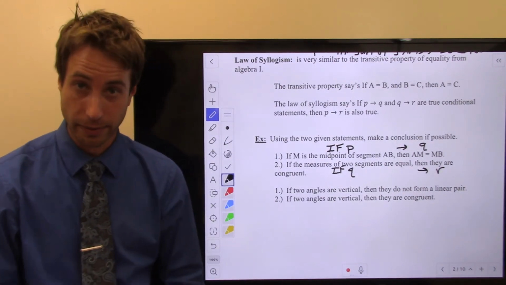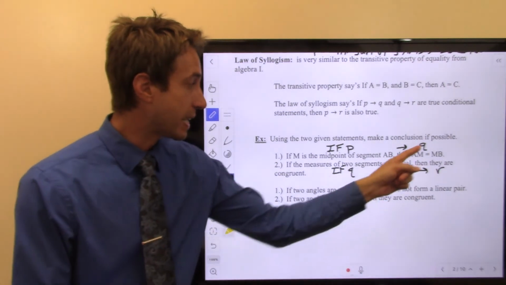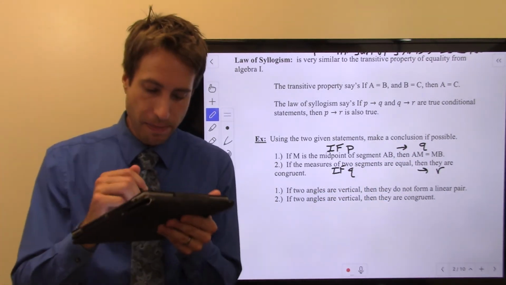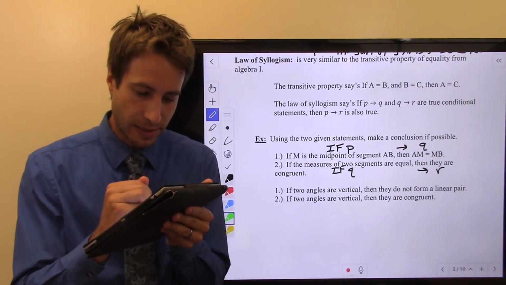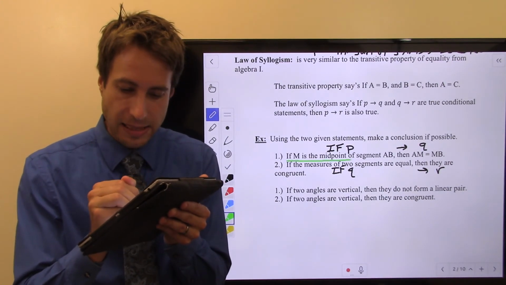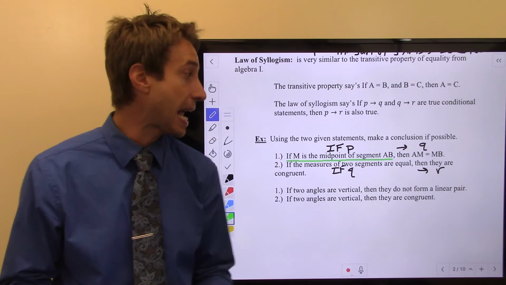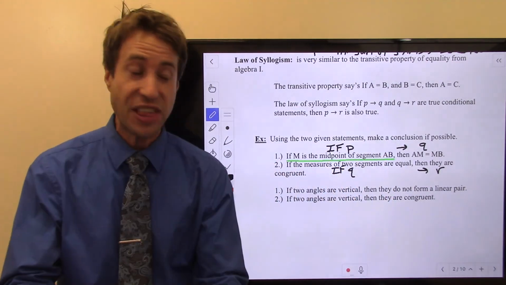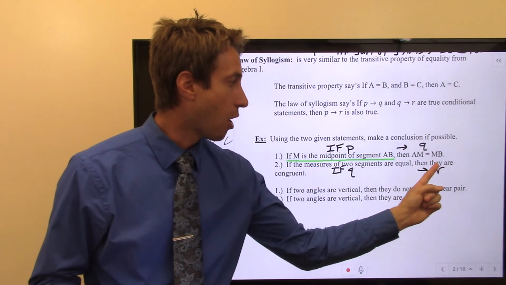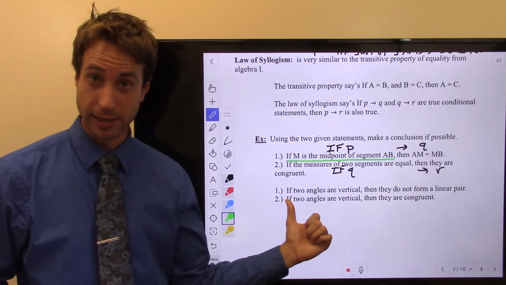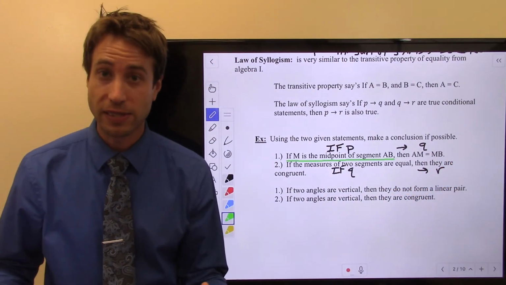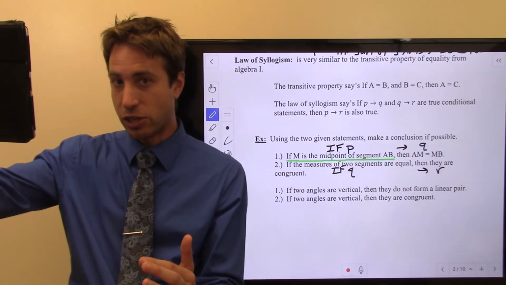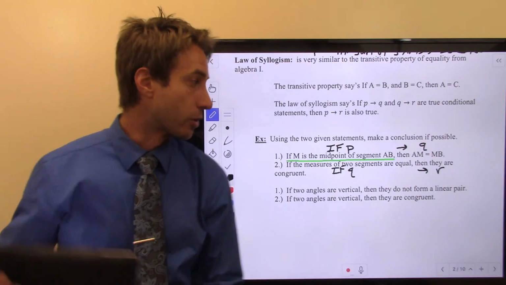Cut out the middleman. We get rid of the Q, right? And based on the law of syllogism, I can say this. If M is the midpoint of segment AB, then they are congruent, right? That law of syllogism allows you to cut out the middleman and put your original hypothesis with your final conclusion.